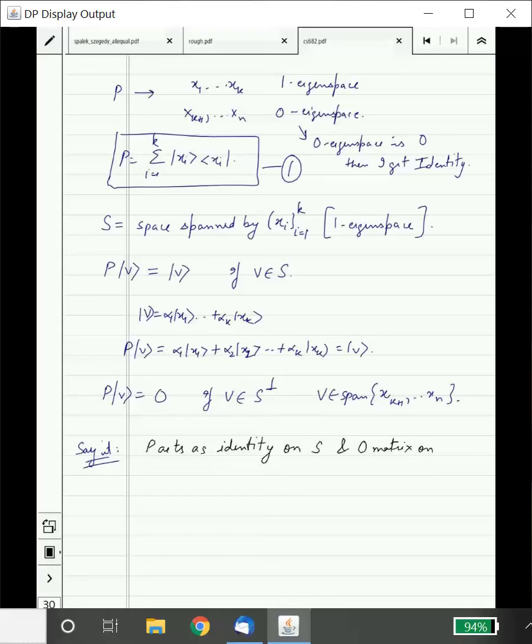For a general vector V, let's say V is alpha 1 x1 up to alpha n xn. Notice that I have taken a complete basis of my space. Now elements in one eigenspace, elements in 0 eigenspace, their linear combination, all of this. If I write PV, I will only get the part of the one eigenspace.